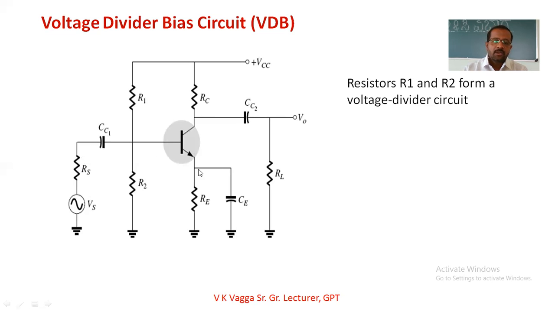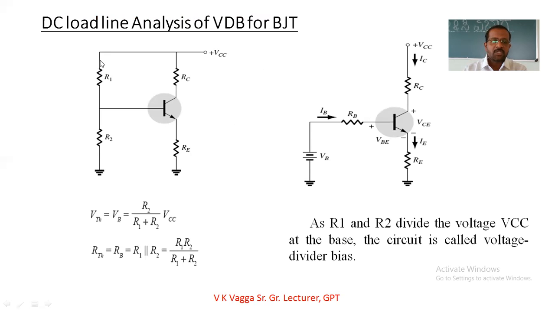In the same way, the bypass capacitor also acts as an open circuit. So in the DC analysis, all these capacitors are opened, and the circuit becomes visible in this way: R1 and R2 are connected at the base.